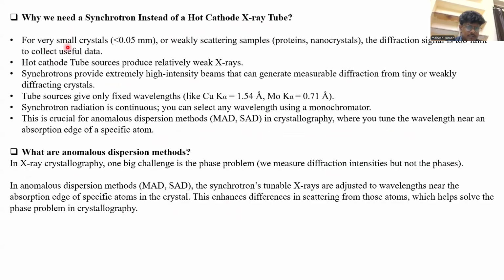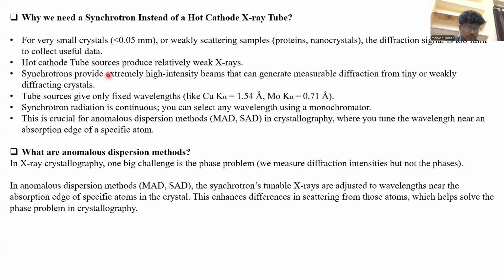Because for very small crystals, less than 0.5 millimeter, and weakly scattering samples, for example proteins and nanocrystals, the diffraction signal is too faint to collect useful data. That is the reason we use a synchrotron in place of a hot cathode tube.